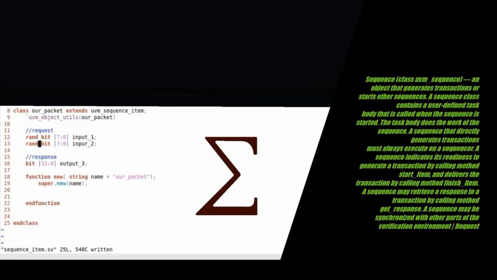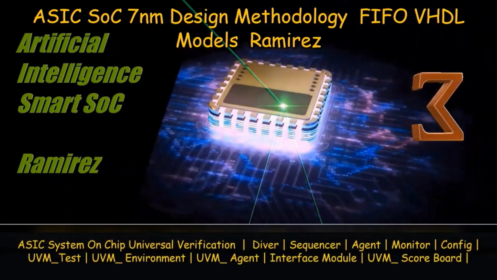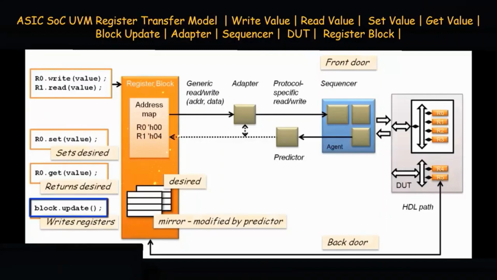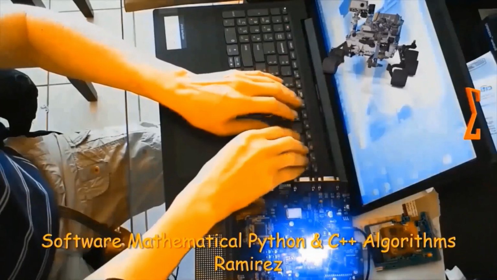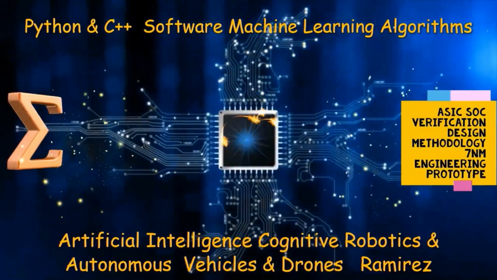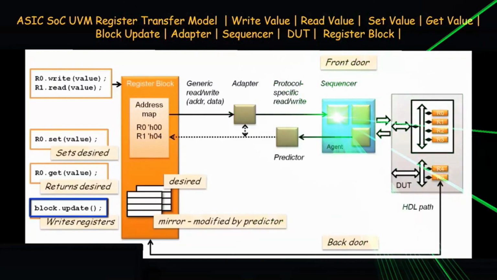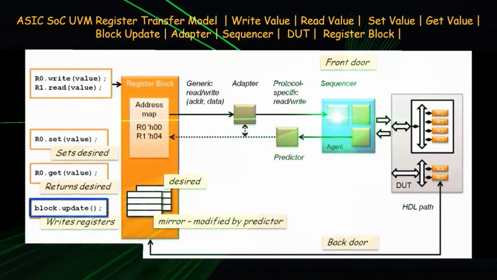Then it sends to the adapter the generic read-write address data directly from the address map for protocol-specific reads and writes to the sequencer, and it generates transactions and transfers and reads information to the DUT, the device under test.